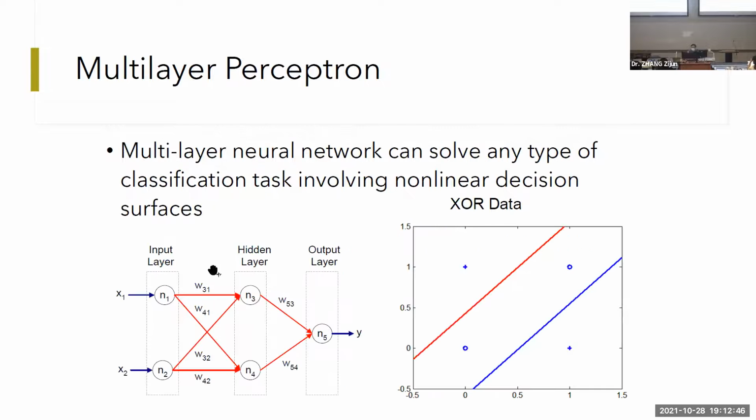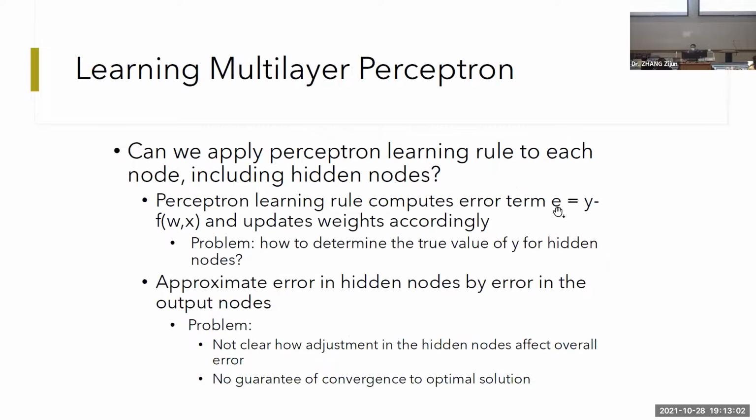Then the problem is if you have a hidden layer here, you don't have the ground truth for what the hidden layer should be. You have the observation of y in the end, but you don't have a reference, the ground truth, for the hidden layer to compute such an error term to update the weights. So we can approximate the error in hidden nodes by the error in the output nodes.